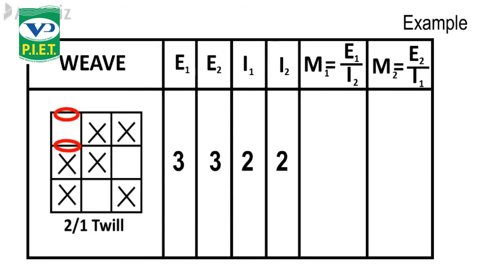So now we calculate M1 and M2 by the given formula. M1 is equal to E1 by I2 and M2 is equal to E2 by I1. We find that the M1 and M2 are equal, that is 1.5.